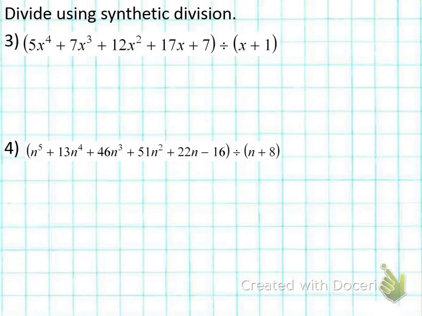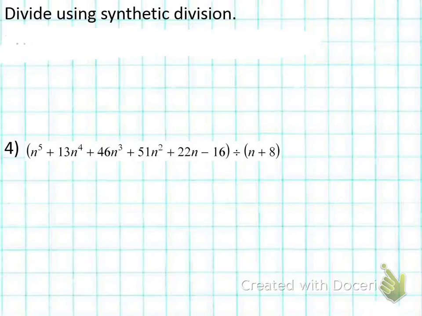Ready, set, go. By yourselves. Again, we can use synthetic division here. We have n plus 8, so our leading term here is a 1, so we're allowed to use synthetic division.